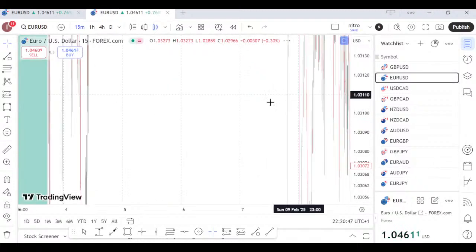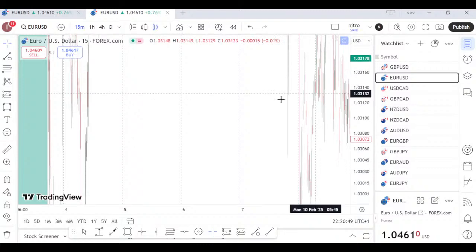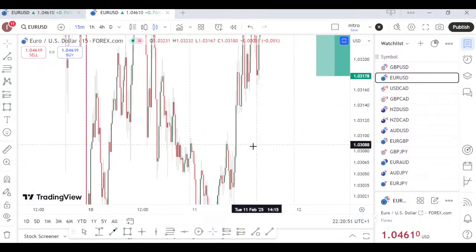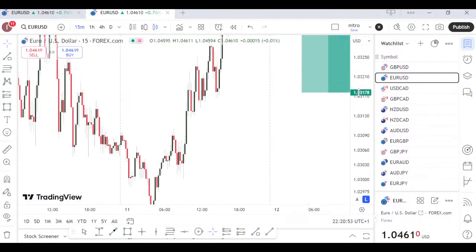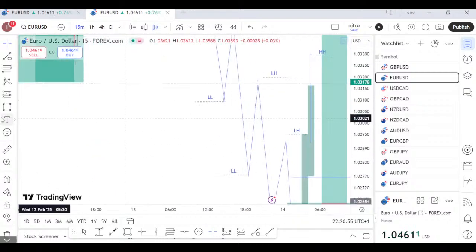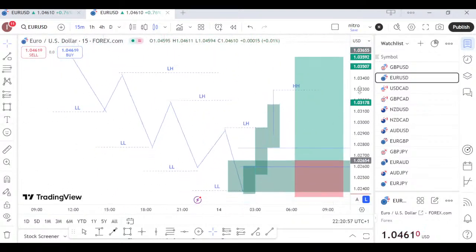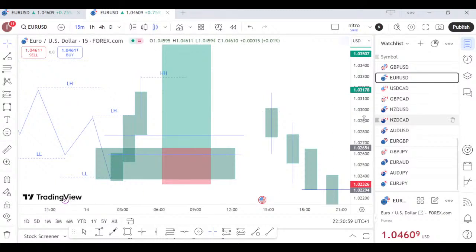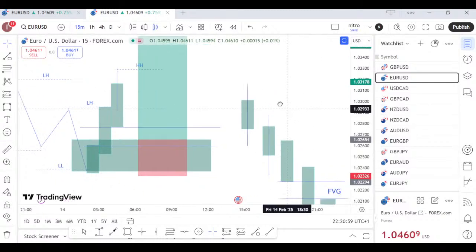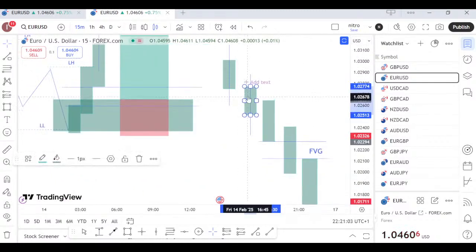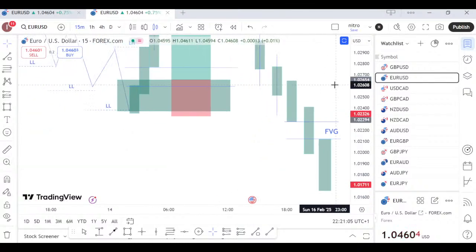So I can now move into the bullish structure to a bearish structure market shift.